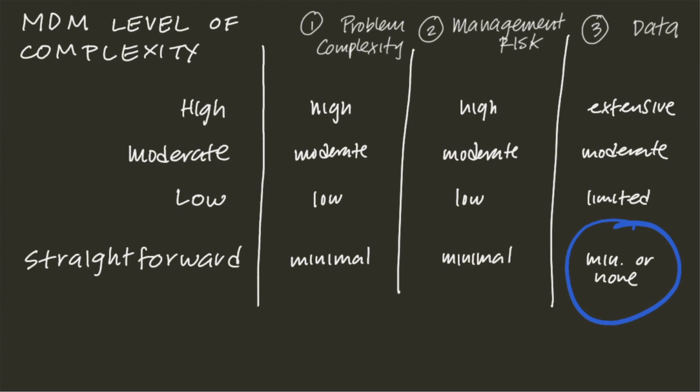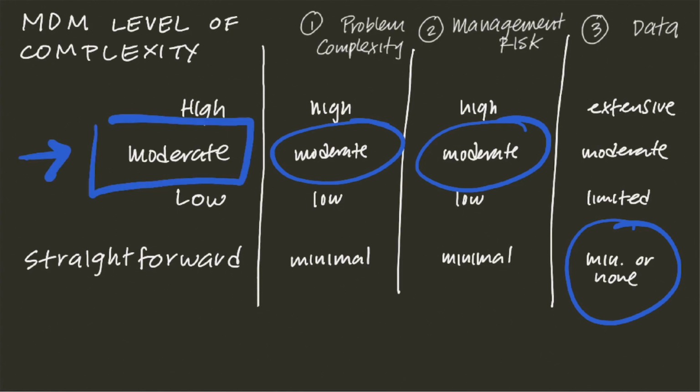For example, if your documentation of the visit has minimal or no data reviewed, but it does have a moderate number and complexity of problems addressed, and a moderate risk from additional diagnostic tests or treatments, then this qualifies as a moderate level of medical decision-making, and you can select the 99204 or 99214 code, depending on if the patient is new or established.